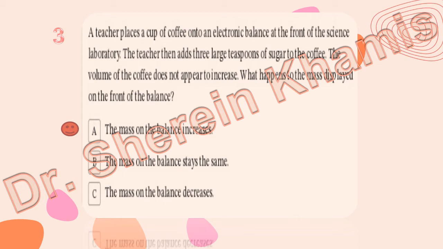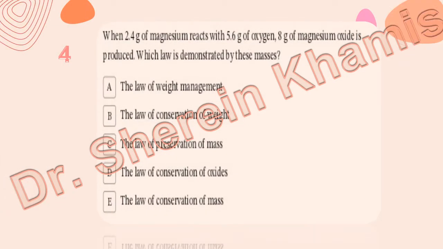Let's go to question 4. Question 4 says that when 2.4 grams of magnesium reacts with 5.6 grams of oxygen, 8 grams of magnesium oxide is produced. Which law is demonstrated by these masses? We demonstrated the law of conservation of mass, so we need to apply the masses.